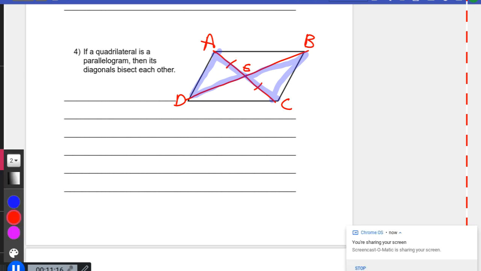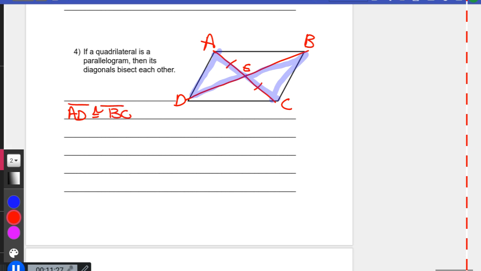That third thing is going to be alternate interior angles. I'll show you that in a second. So I'm going to start by saying that AD is congruent to BC because they're opposite sides of a parallelogram. And we know that they have to be congruent because of that.